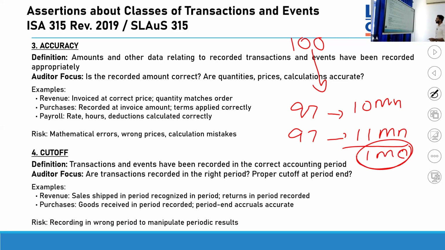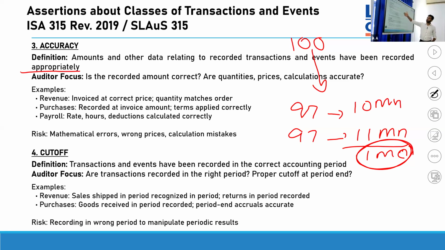If you have recorded 100 invoices, you must also ensure the sum of those 100 invoices is accurate, right? Accuracy in the sense amounts and other data relating to recorded transactions and events have been recorded appropriately.